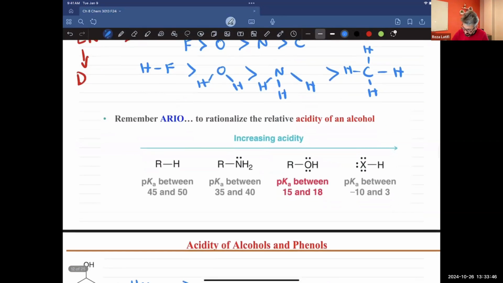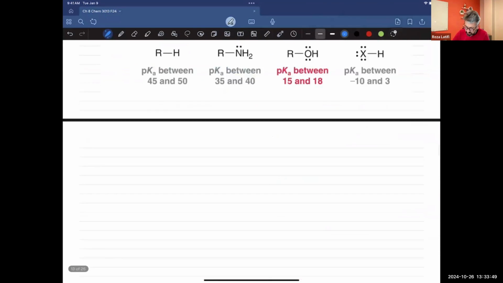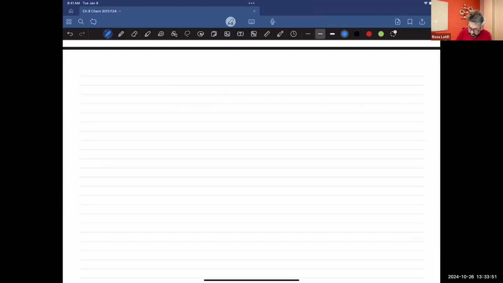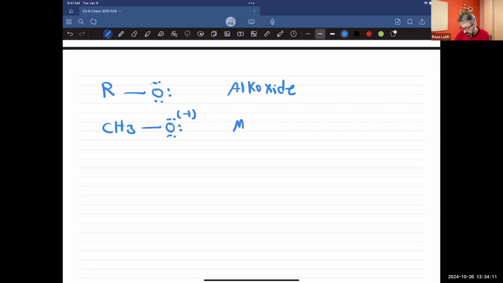And something I want to mention before we move to the next subject: we got R attached to, let's say, oxygen. Oxygen has a negative charge, and we call this one alkoxide. One example: you take methane, attach it to oxygen with -1. The name for this one is methoxide.